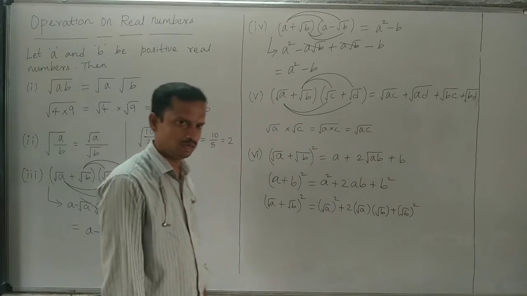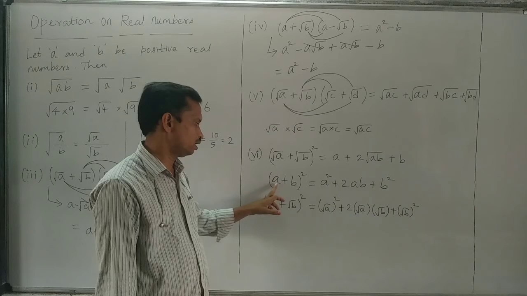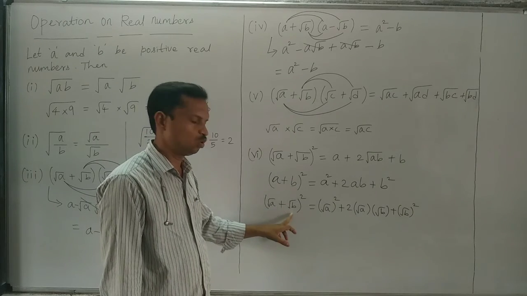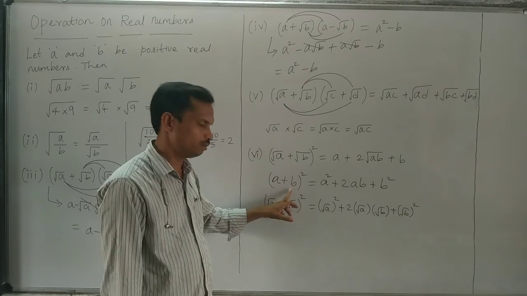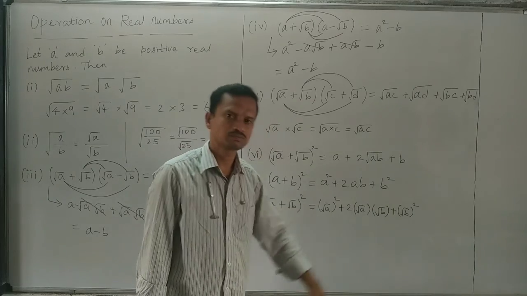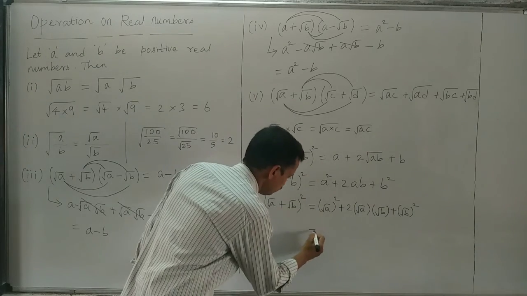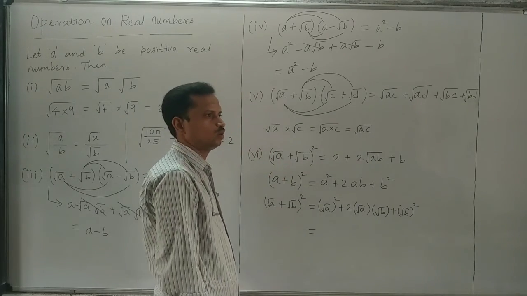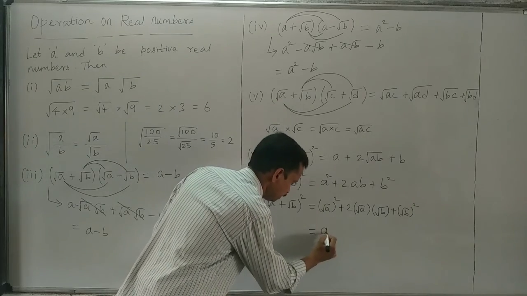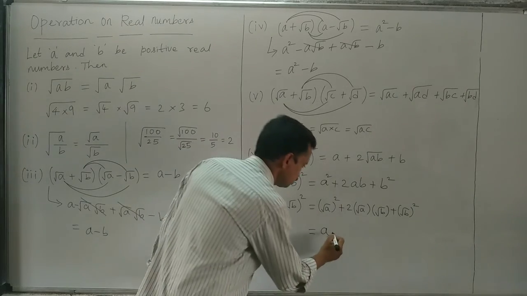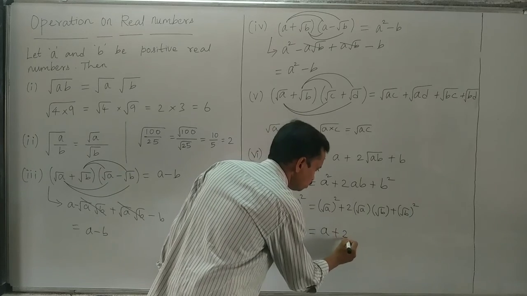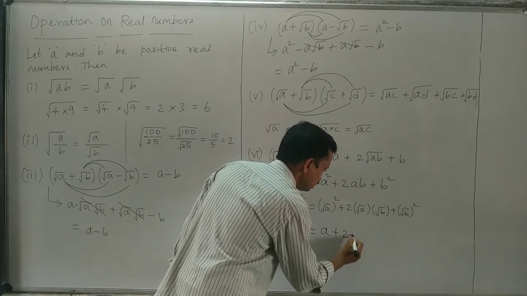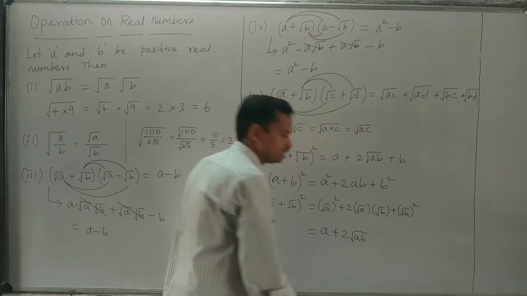We just apply root a instead of a, root b instead of b. You get it like this. Now simplifying, what is root a whole square? A. And here plus 2 into root a root b, we can write as root of ab, the same root.